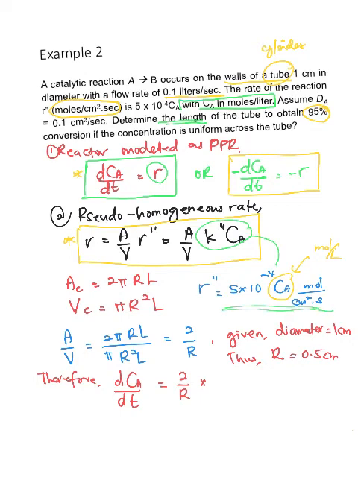Therefore, here multiply with 5 times 10 negative 4 Ca. Now, we need to consider the unit. Right? Okay, so we want to change the unit. dCA per dt equal to 2 over R. R is 0.5 cm.